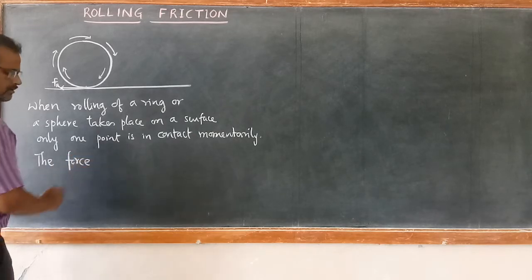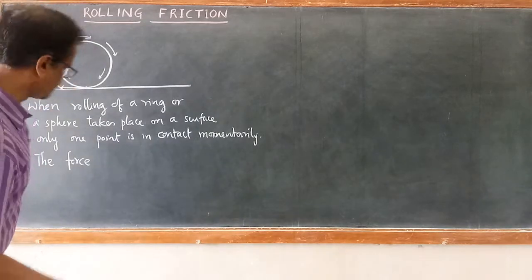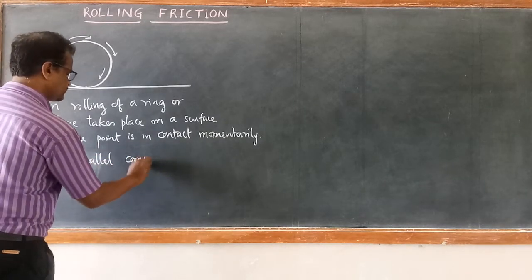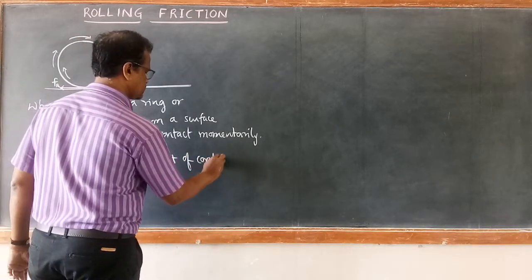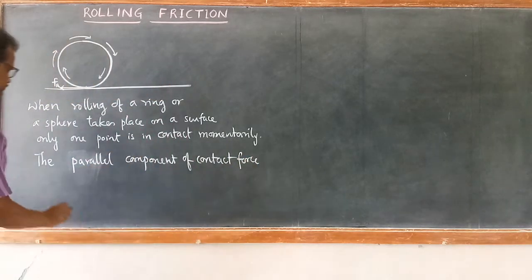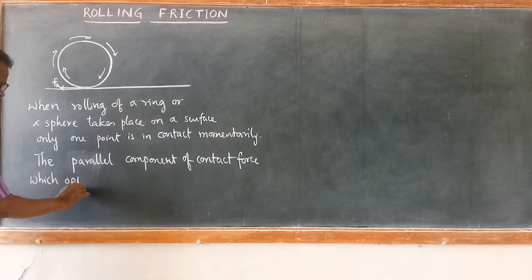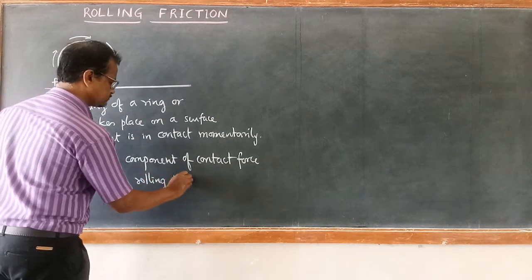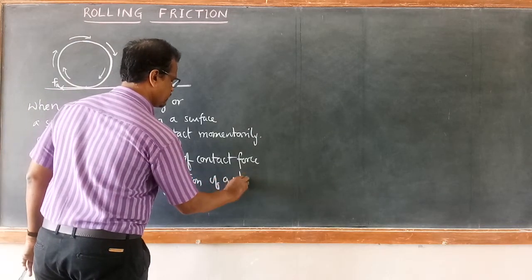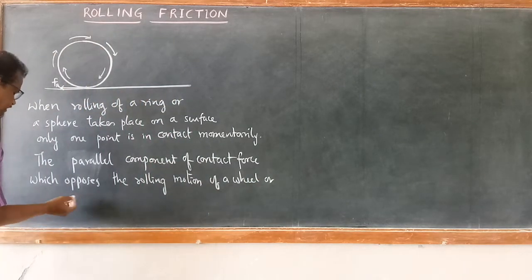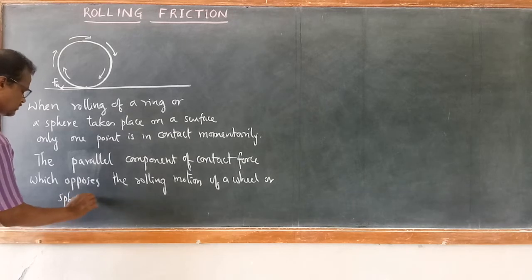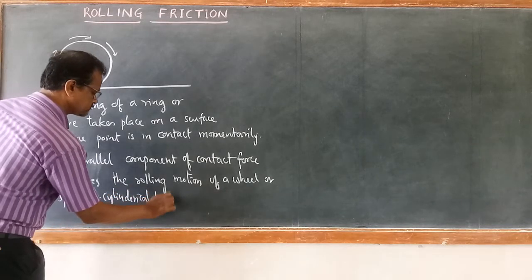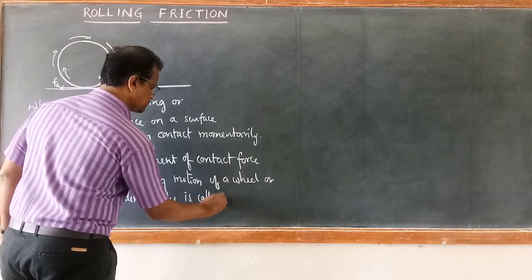The parallel component of contact force which opposes the rolling motion of a wheel or any rolling body, sphere or cylinder, is called rolling friction.